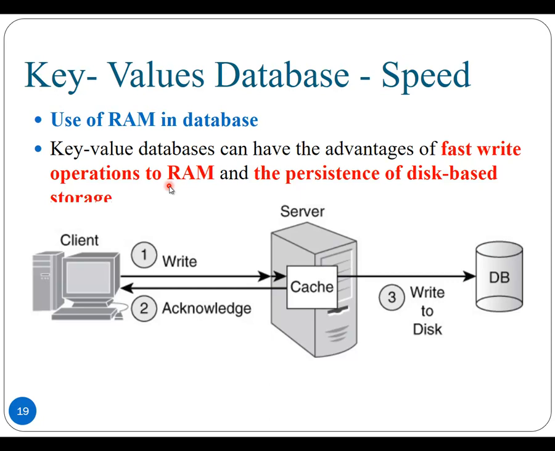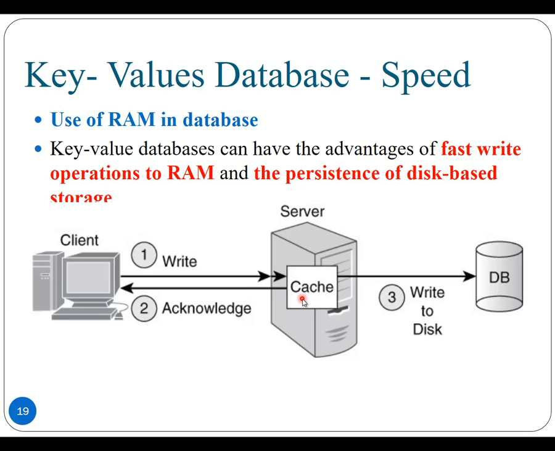Here, for example, we have a client and a server. This client wants to do an operation, for example, a write operation on the database. In this server, we have a cache.